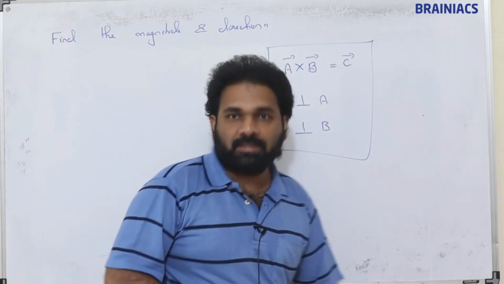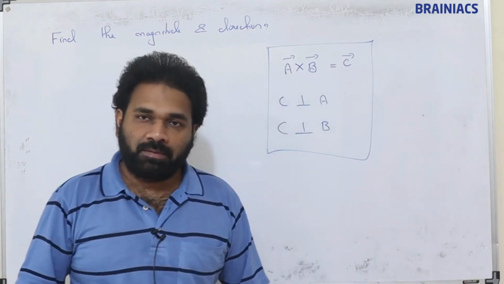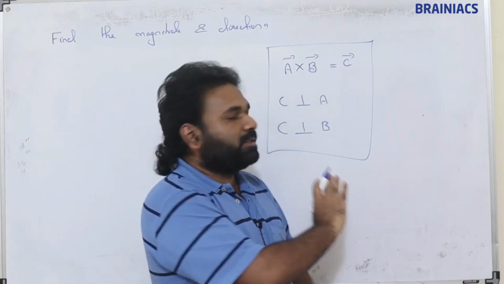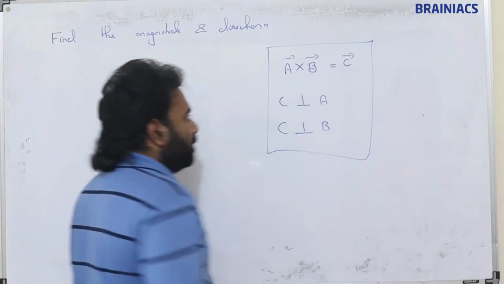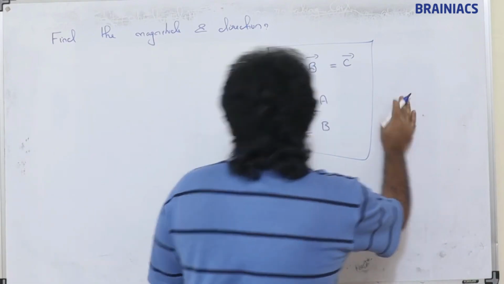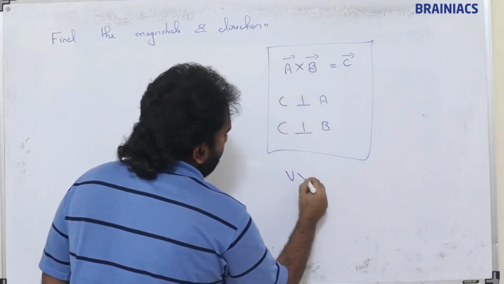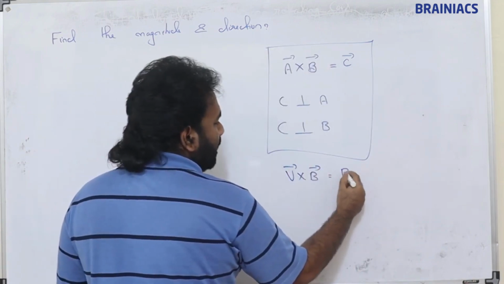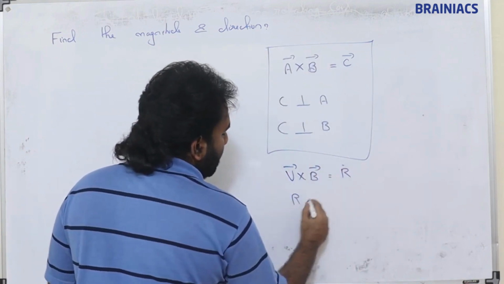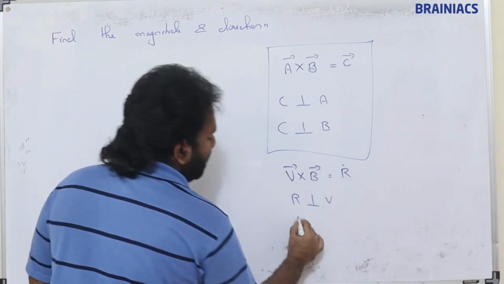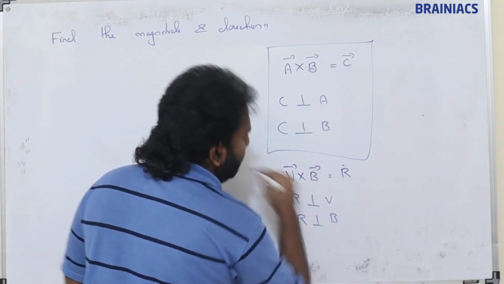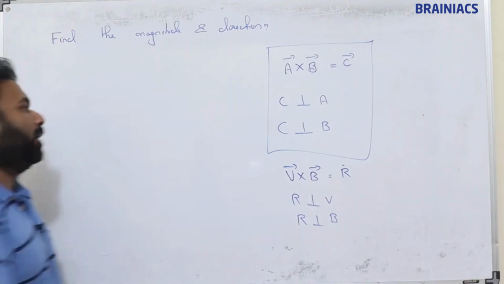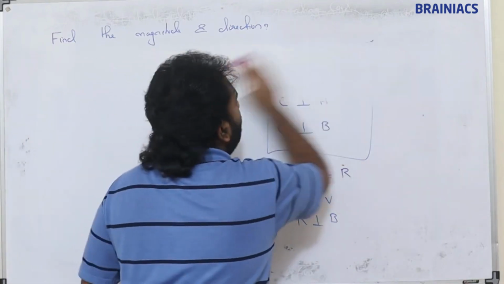We have studied this. We tend to forget, so just a quick recap. So when we do V cross B, whatever result we are getting will be perpendicular to V and perpendicular to B also. Please keep this in mind. Done? Fine.